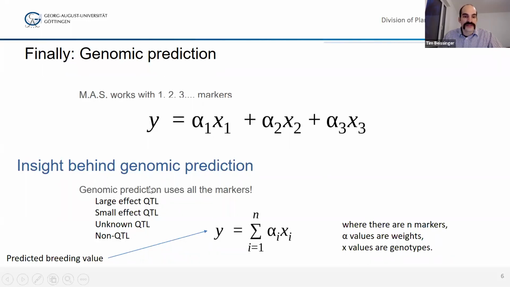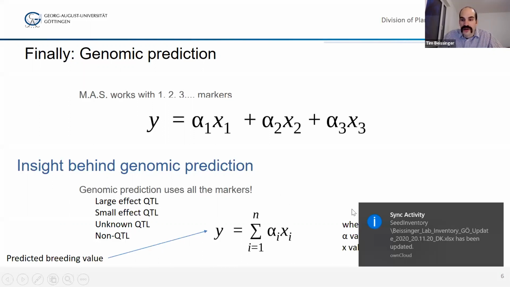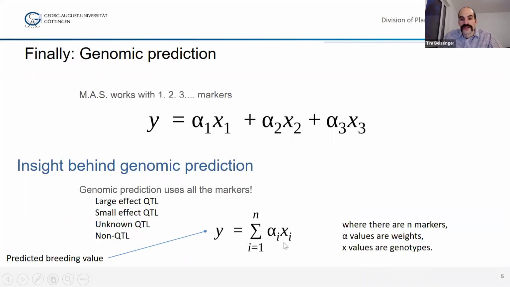So the big insight behind genomic prediction is, let's use every marker to predict a phenotype from genotypes. We build a statistical model that is the sum of marker effects multiplied by genotypes across every marker in the genome. And then based on that sum, we have a predicted breeding value, and we can use that for making selections and doing breeding.